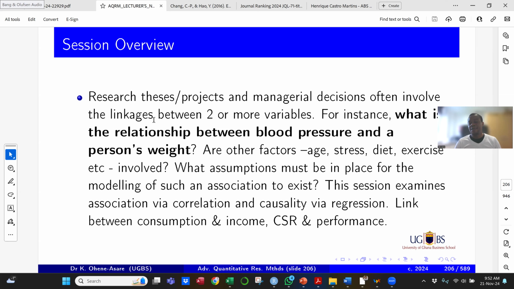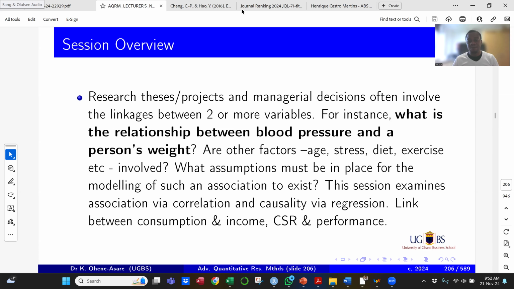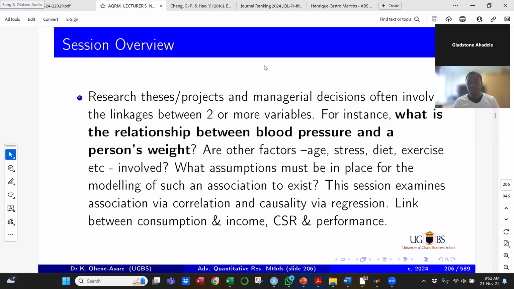Okay. Who can tell me this? What do you think is the relationship between consumption and income? Is it positive or negative? Yes, Blaston.